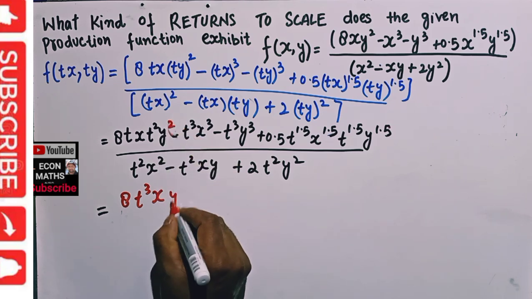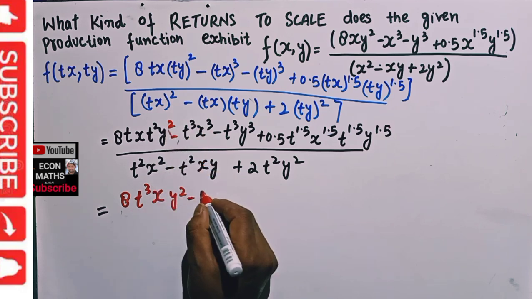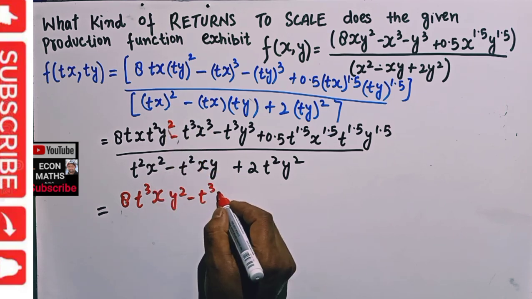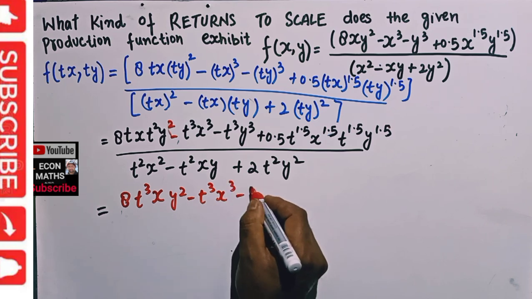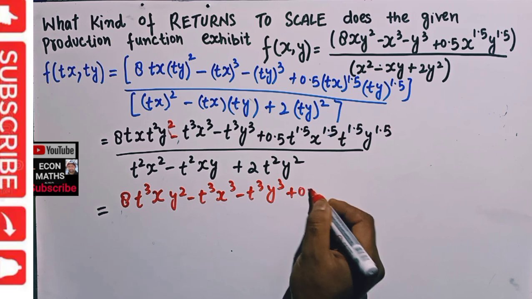Then we have minus t cube x cube minus t cube y cube plus 0.5.